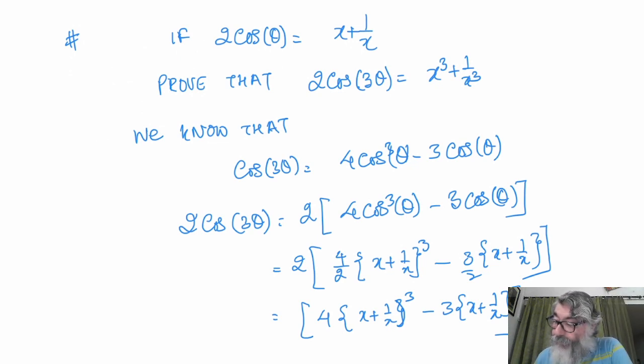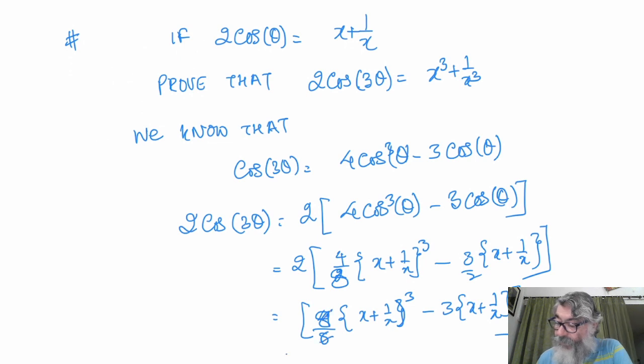because it will not be only 1 upon 2, it will be 1 upon 8, because you are calculating cos cube. So when you are cubing the x plus 1 upon x, you will cube this also. It will be 8 here, and here it will remain 2 only. So when you divide by 2, the 8 upon 8 will cancel.